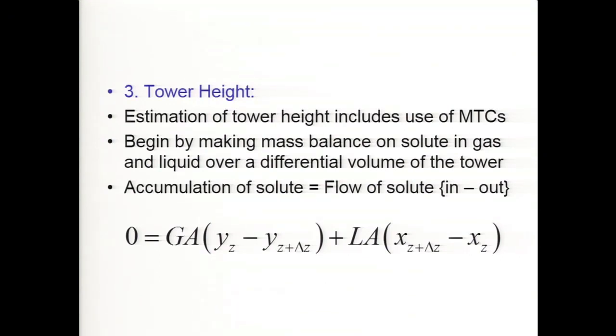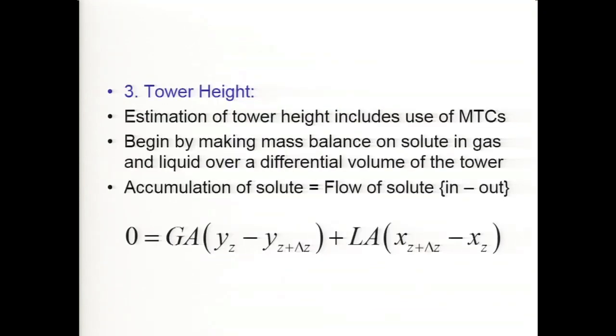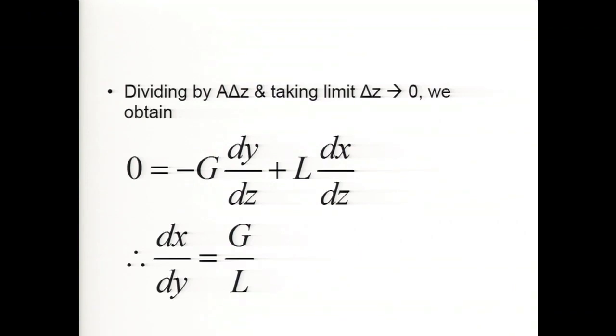Divide this equation by A delta z, use the definition of a derivative, and you should be able to work out even in your mind that this is going to be minus dy by dz times G, and this is going to be dx by dz times L. So this is what you get, right? So 0 equals minus G dy by dz plus L dx by dz.